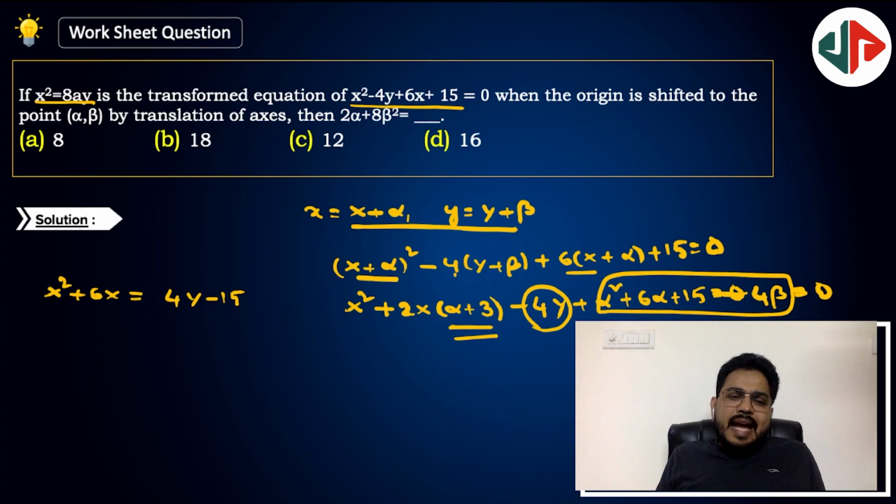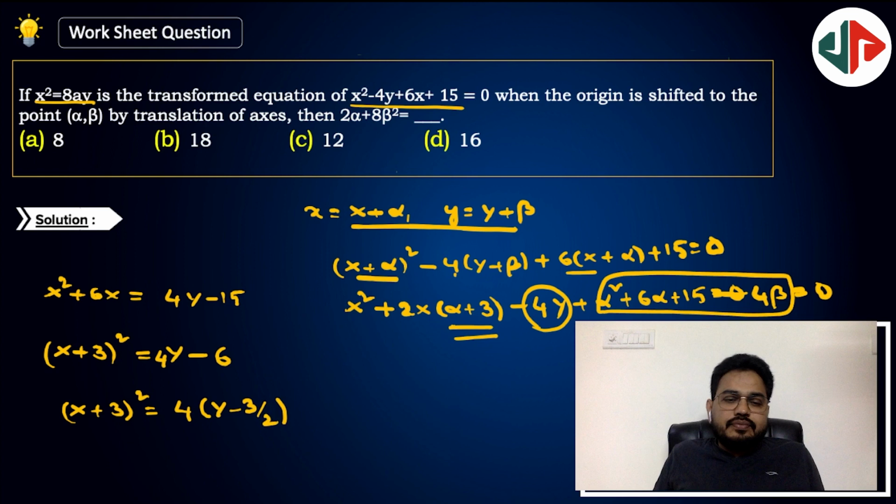So I'll add 9 on both sides. (x plus 3) whole square is equal to 4y minus 15 plus 9, which will be equal to 4y minus 6. So this is (x plus 3) whole square is equal to 4 times (y minus 3 by 2).